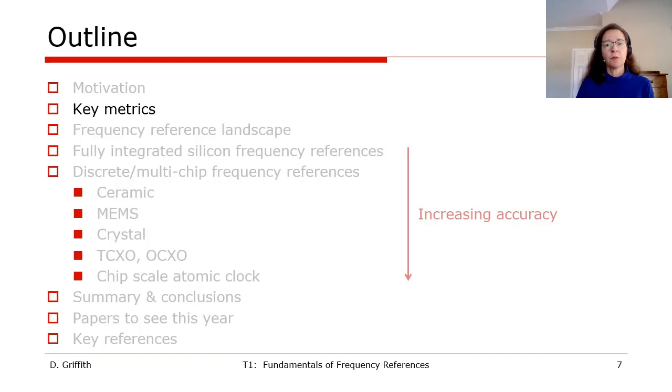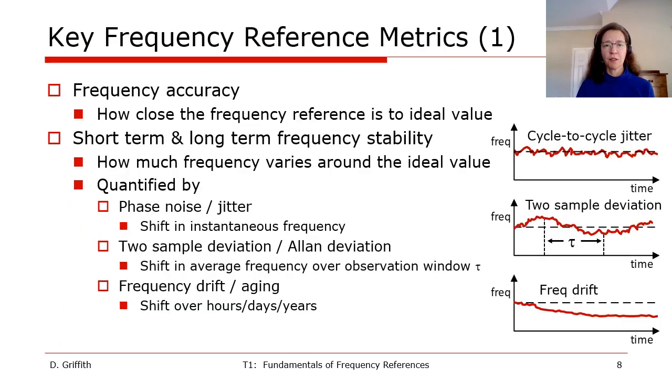Now let's discuss some key metrics for frequency references. The first key metric is frequency accuracy. This means simply how close the reference frequency is to the ideal value. The second metric is frequency stability, which can be quantified over both short and long time periods. For example, in the top graph, you can see an example plot of the frequency versus time.